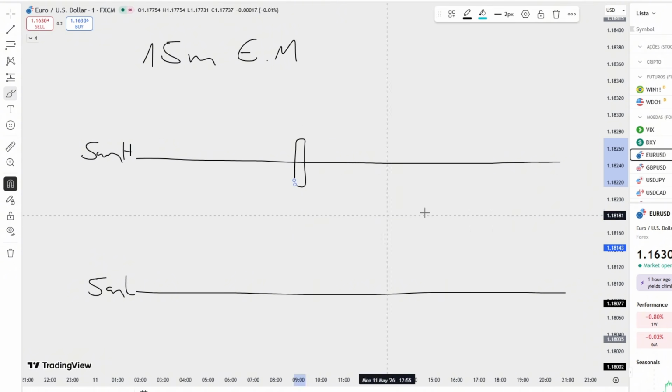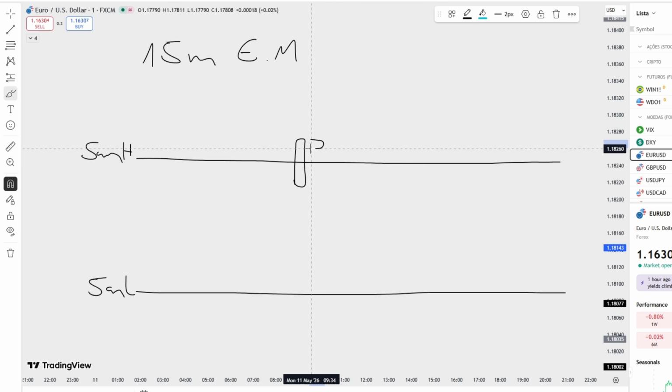So you're going to look for candle number one, candle number two, like this, and then candle number three.